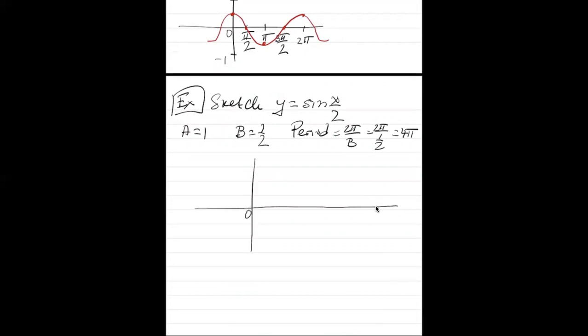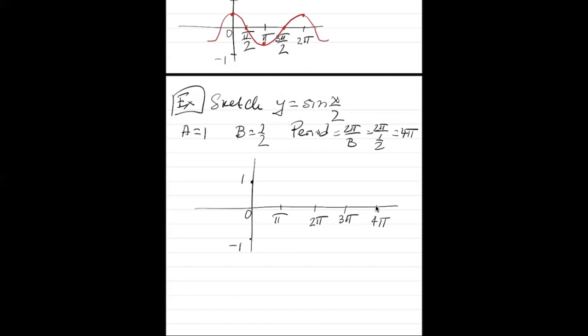So we're going to sketch. This is 2 pi and this is 4 pi. Now when I'm breaking this down, this is going to be pi and this is going to be 3 pi. The amplitude is 1, so the graph is from -1 to 1. And we're graphing sine.